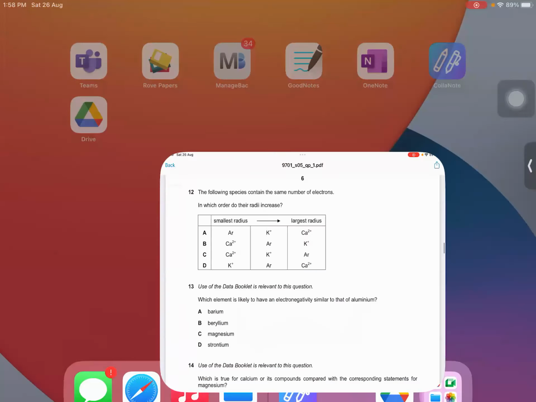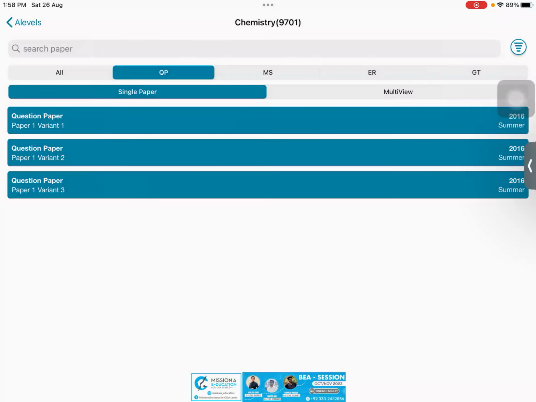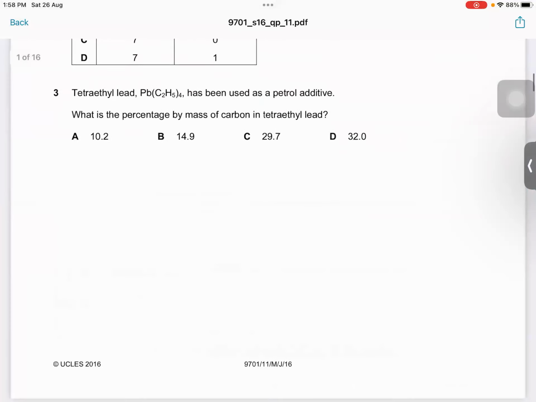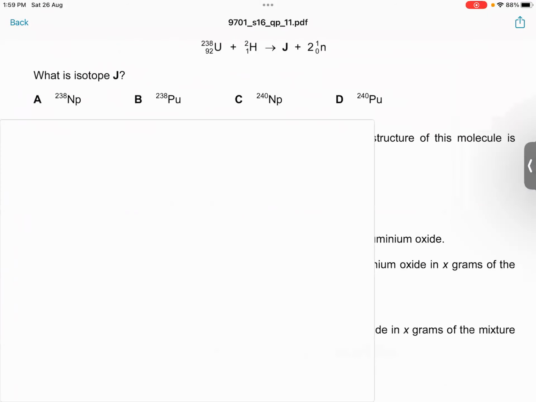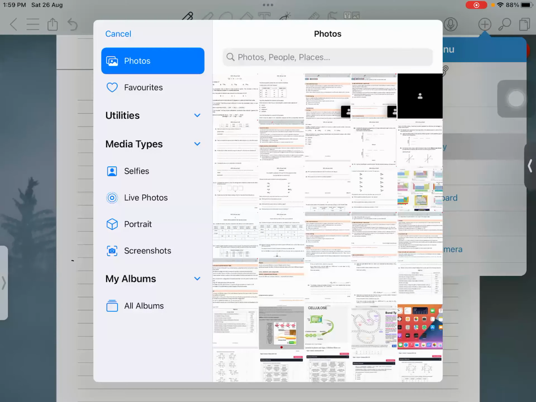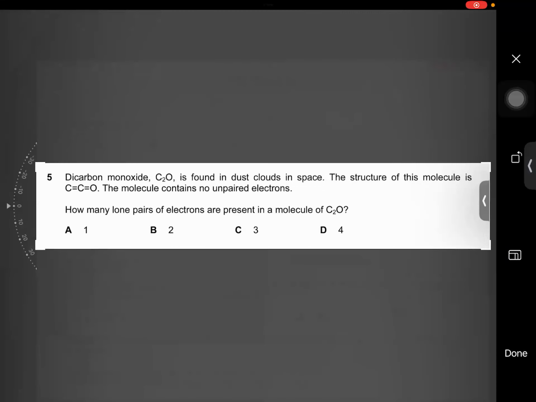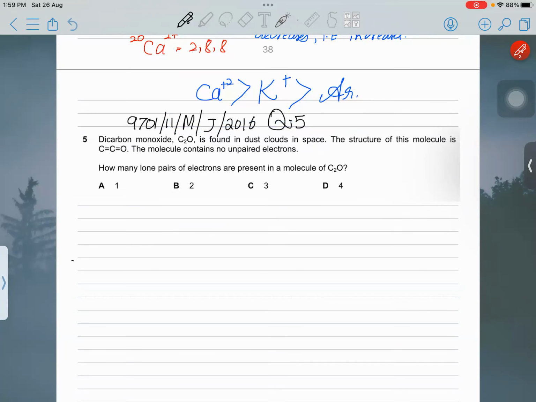Question number 5. Now try to solve this question.